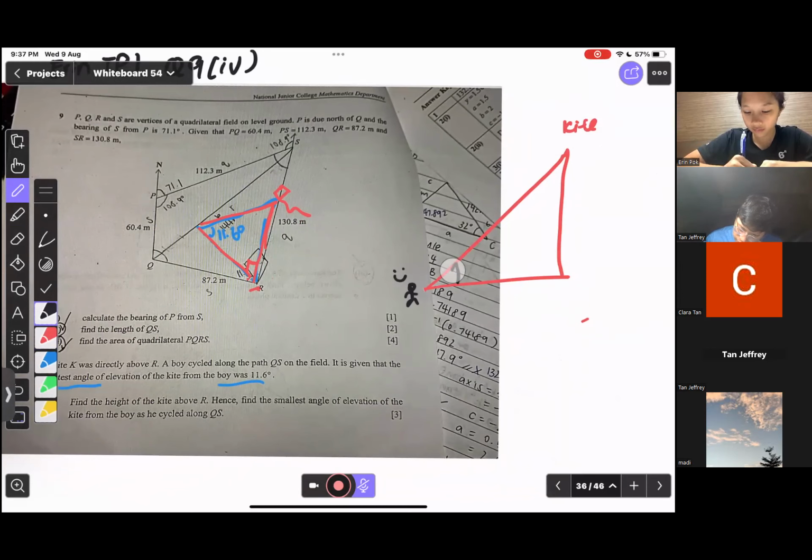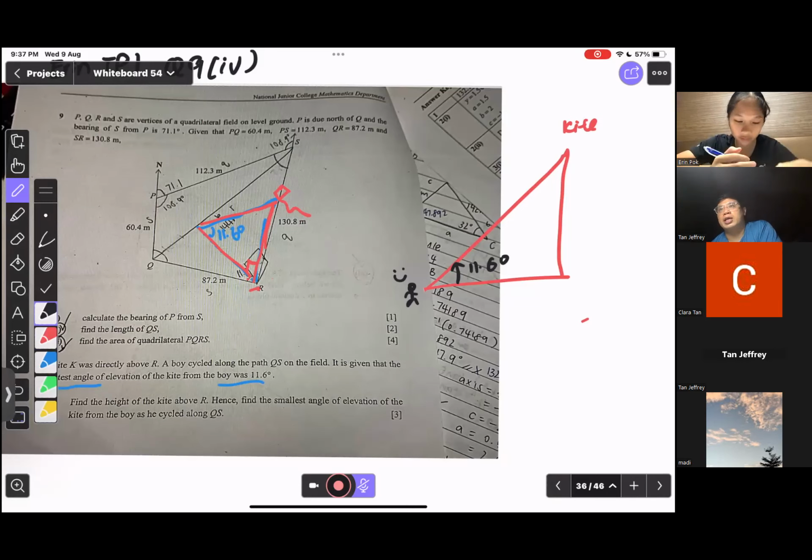Then this is the angle of elevation, which is 11.6. The angle of elevation is from where the kite is upwards, off the ground. So I'm looking upwards. This red color triangle, imagine it's pointing out of the plane.